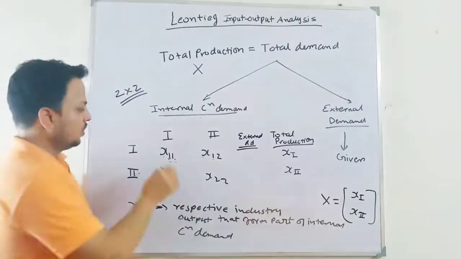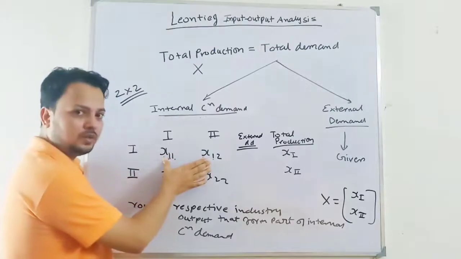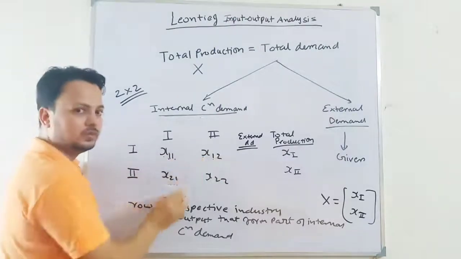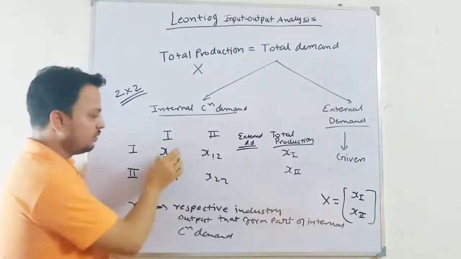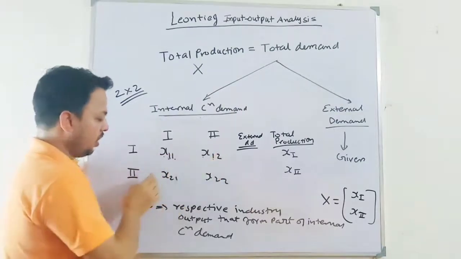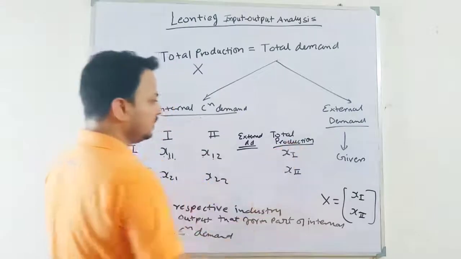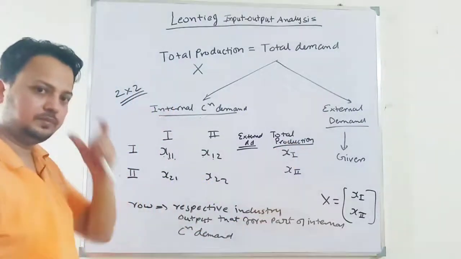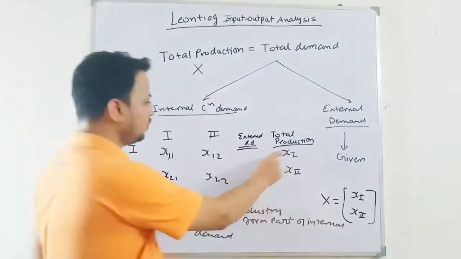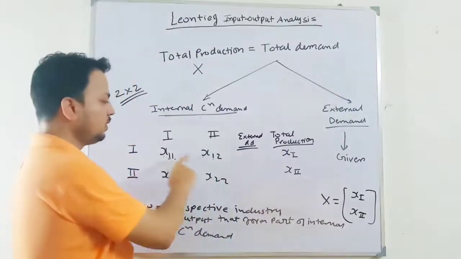So you are using your own industry output as input, and the output of another industry as input. You are producing a certain amount of output, and this output is partly consumed by you and partly by the other industry.